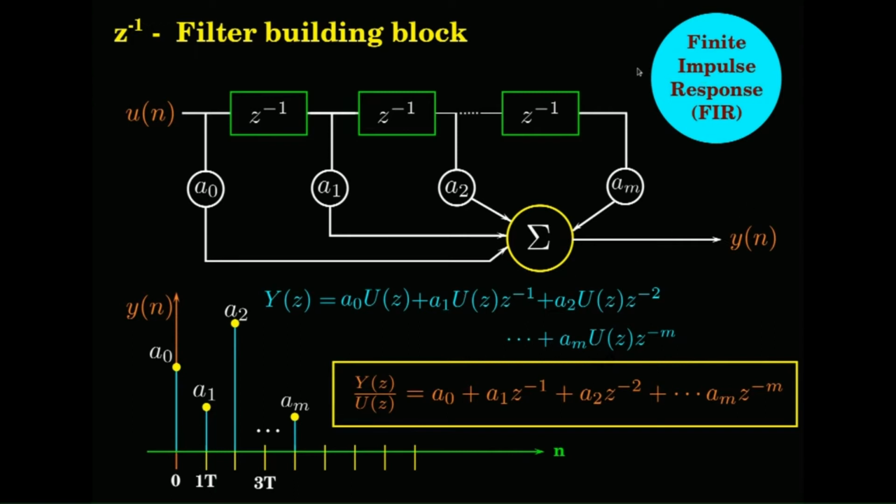So, if you have a finite impulse response filter, quite evidently it also means that you will have an infinite impulse response filter. Before we see that, I would like to put some explanation.